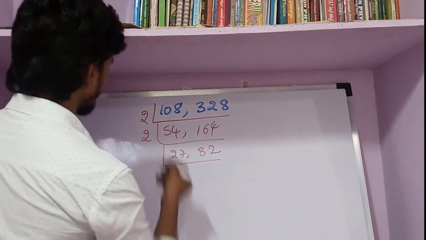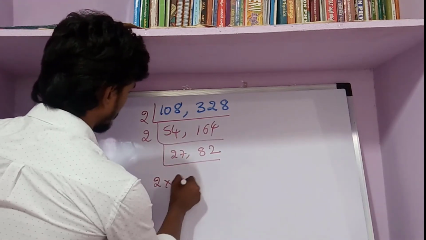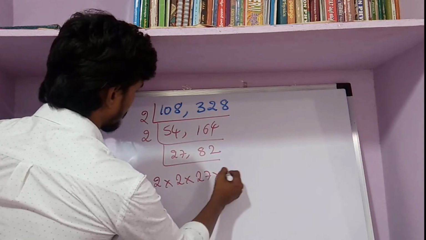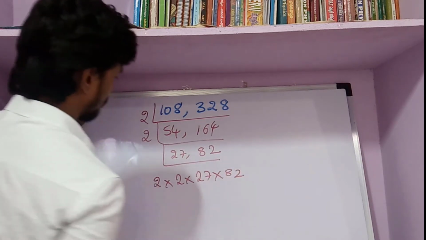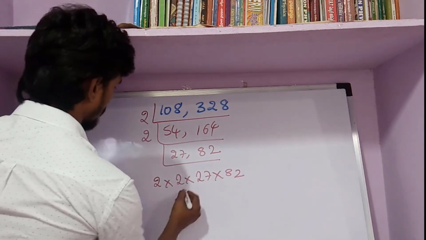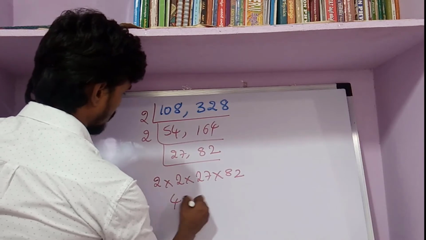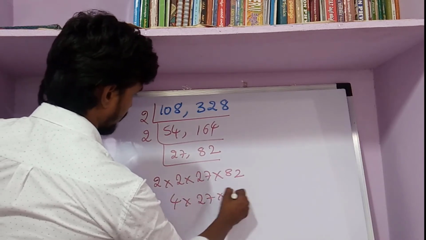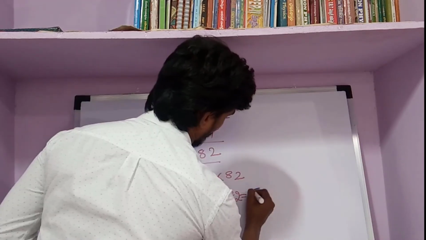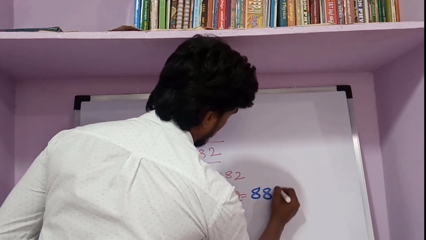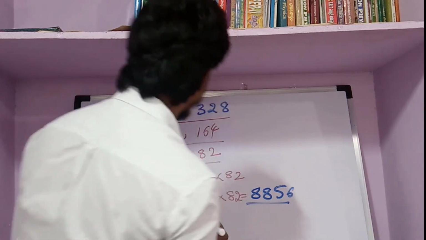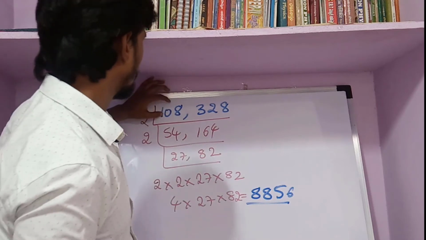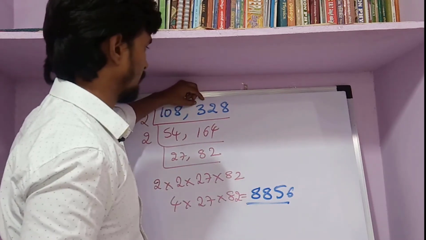Now 2 into 2 into 27 into 82. So 2 twos are 4 into 27 into 82, 8856. This is the LCM of the 108 and 328.